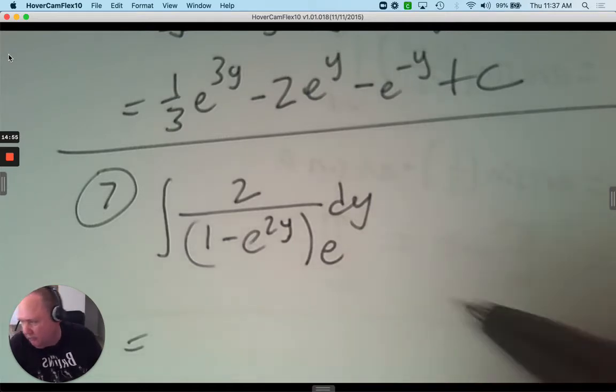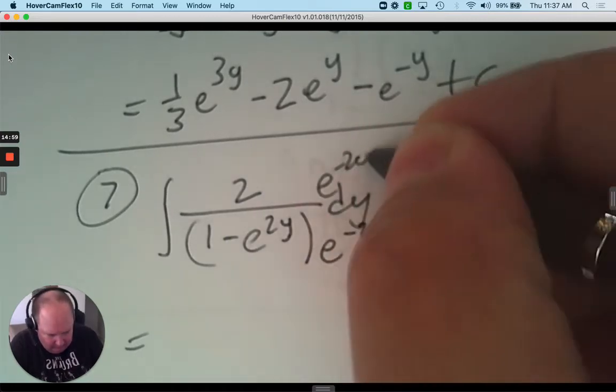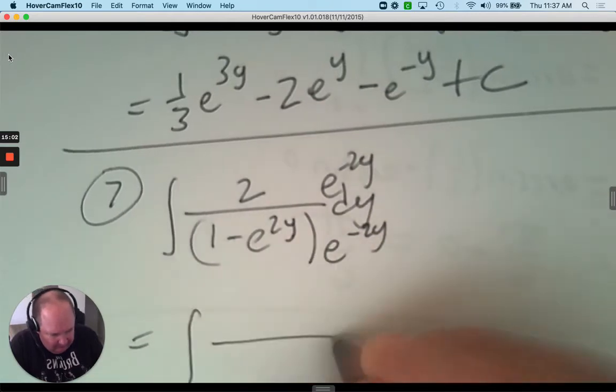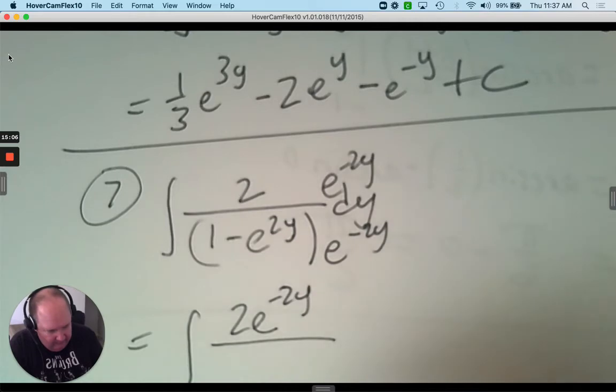So we're going to multiply it by e to the negative 2y, top and bottom. So if I do that, I get 2e to the negative 2y. And then I'm going to distribute.